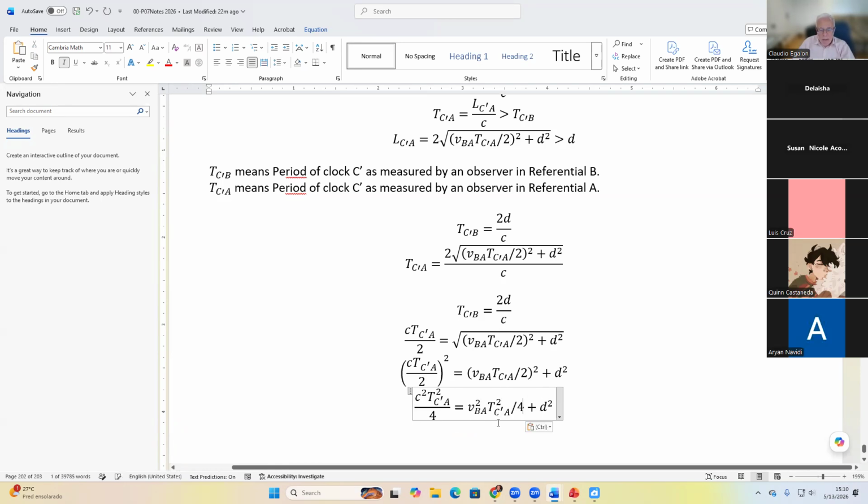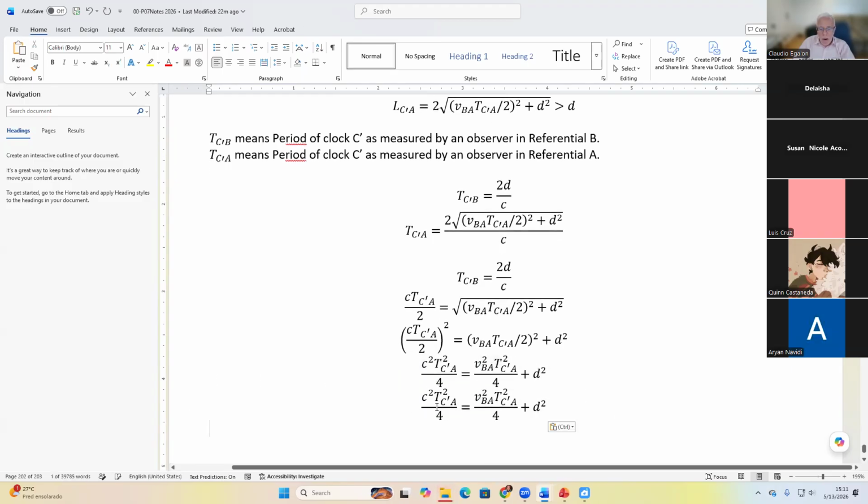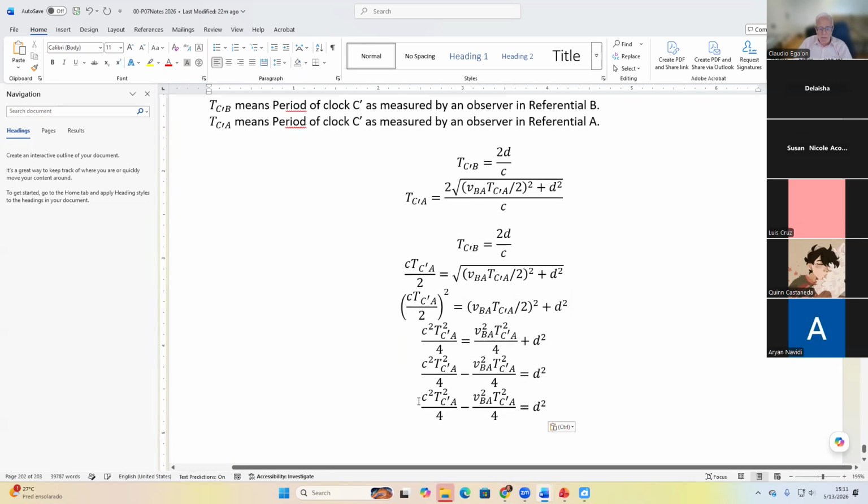Get rid of that stuff. Yeah, I can pass that to the left side. C is always going to be greater than V_B of A. So we can here write our equation in terms of Tc prime A. I'm going to put Tc prime A in evidence and 4 as well.